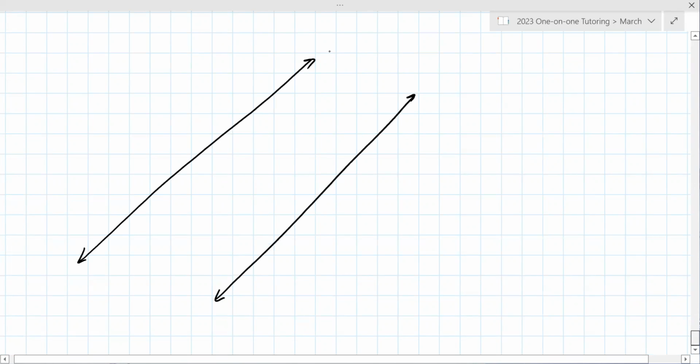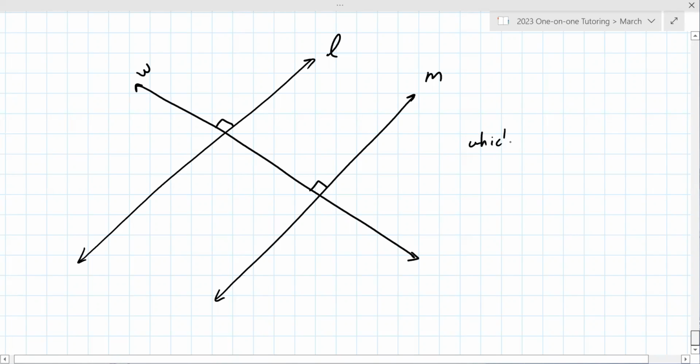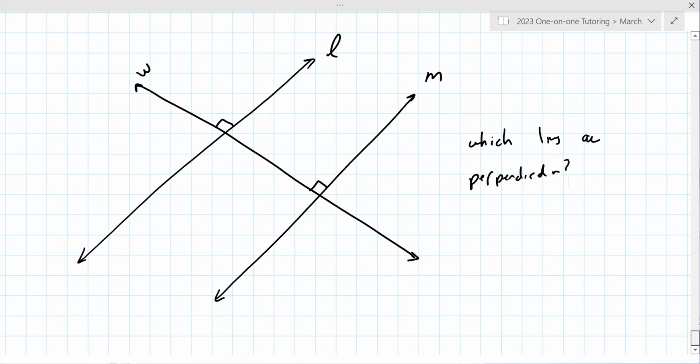Okay, so here is a picture with some lines in it. This is line L, this is line M, and this is line W. Which lines are perpendicular? Those are the ones that meet at 90-degree angles.